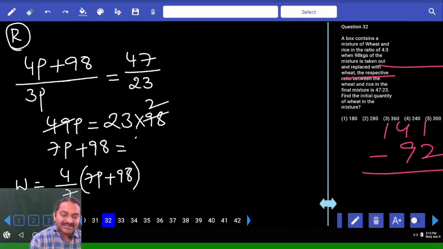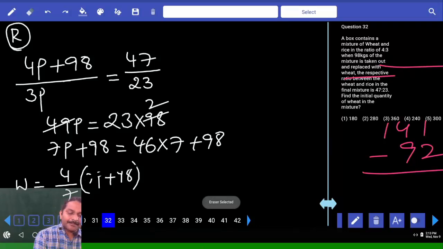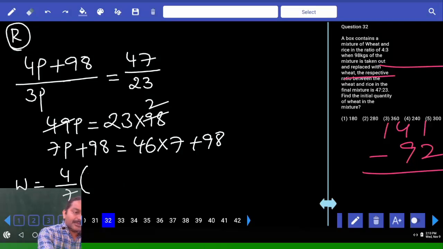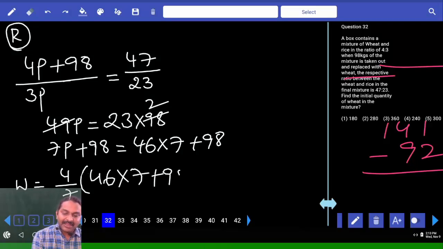7 parts means 46 into 7 plus 98, and the same value comes here. It is 4/7 of this number, right? So 46 times 7 plus 98. Take 7 common here: 7 times (46 plus 14), 4 times. 7 gets cancelled.